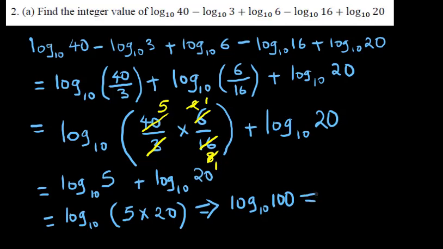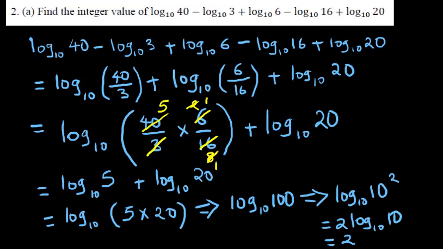Which we can also rewrite as log base 10 of 10 raised to the power 2. This is the same as 2 log base 10 of 10, which is simply equal to 2. So that's our answer for that.